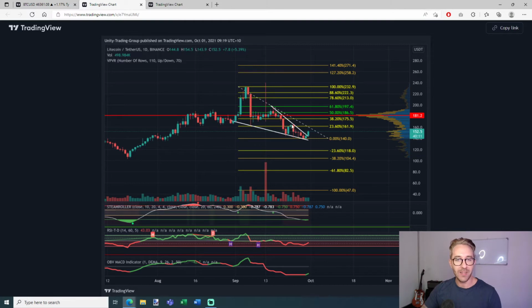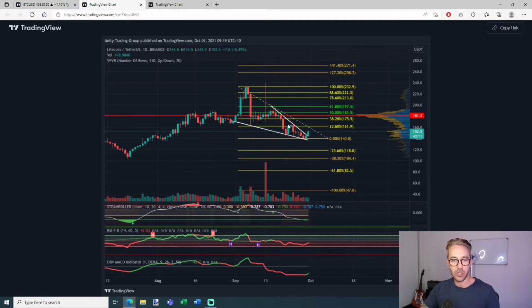So if we break this down here, we had this falling wedge pattern on LTC. We really started seeing volume taper off around that 160 level, and our VPVR sat around 181. So we had a couple of things here telling us that this was a potential confirmed bottom.